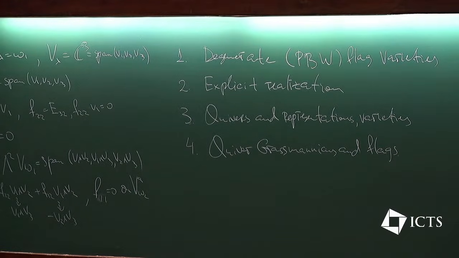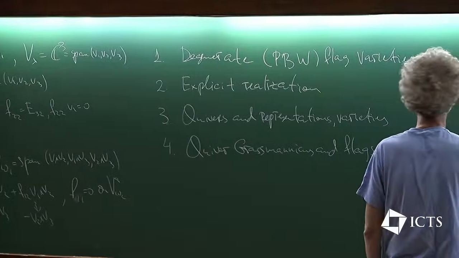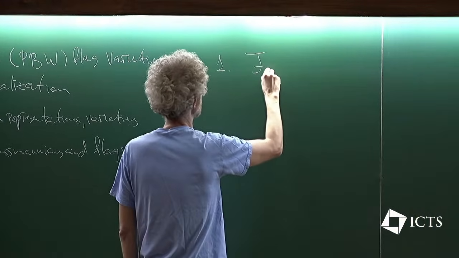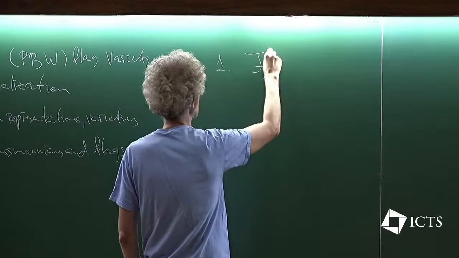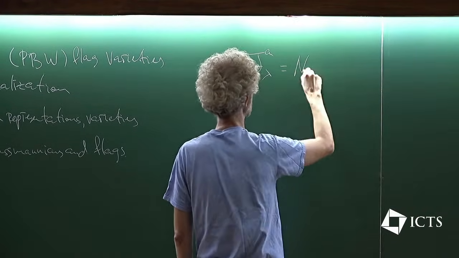So let me first write again the definition of the varieties we are interested in. These are F lambda A, which are defined in a very similar way to the classical thing.